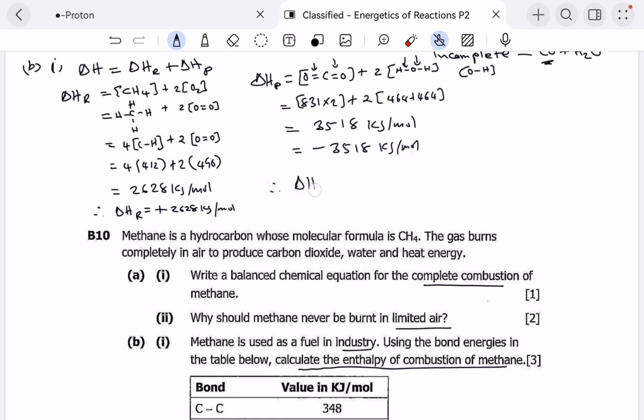Therefore, the overall enthalpy is that of reactants plus that of products. So it's going to be positive 2628 kilojoules per mole plus the negative 3518, which gives us a total of negative 890 kilojoules per mole. That's the final answer.